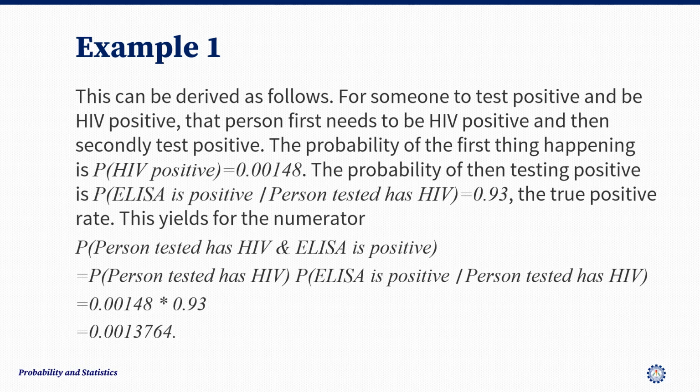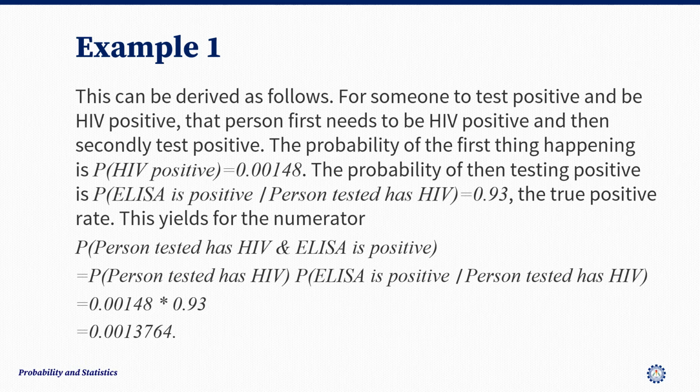So here we have the probability that the person tested has HIV and ELISA is positive equals the probability that the person tested has HIV multiplied by the probability that ELISA is positive given that the person tested has HIV.